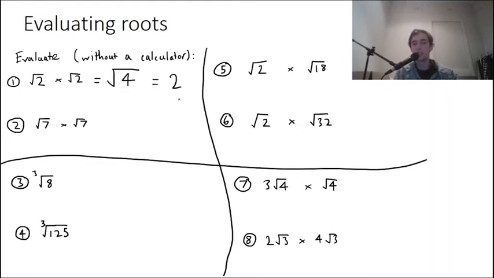That's 2 again. So if you have two of the same numbers square rooted times each other, the square root just disappears and I just have the number at the end. So in the end, you can just say square root of 7 times square root of 7 is 7.